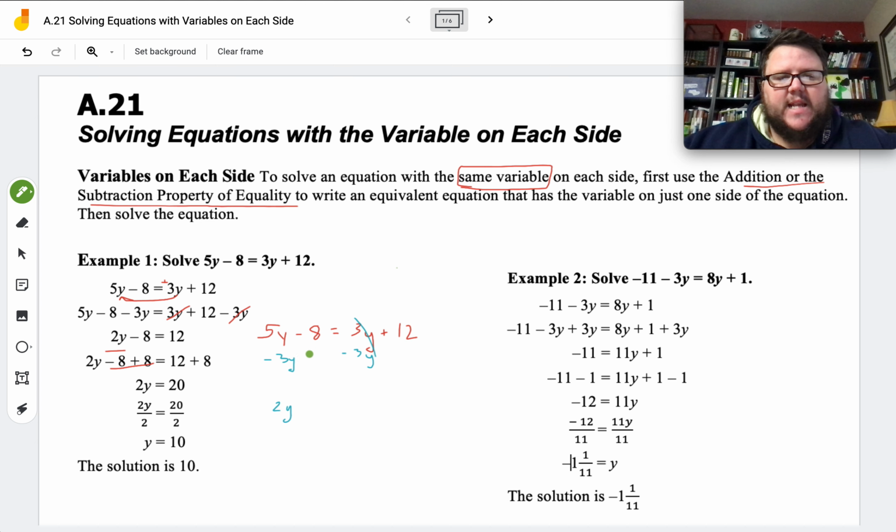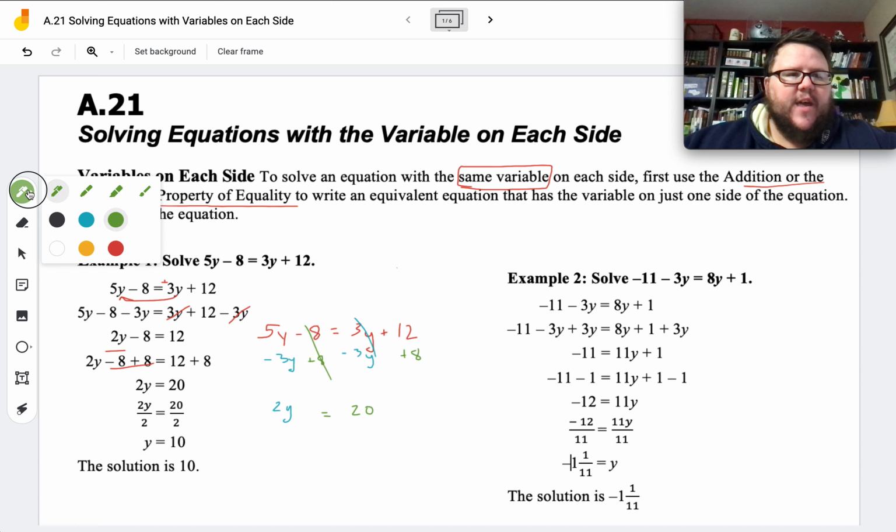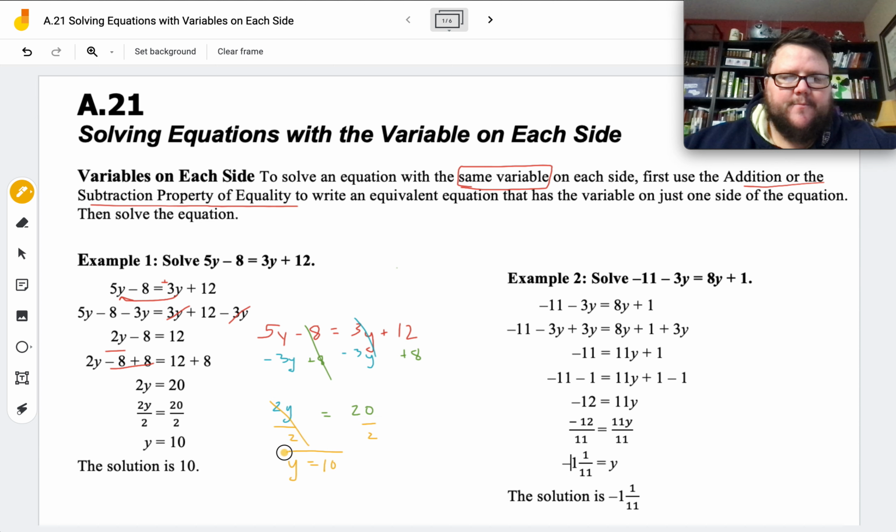So instead of bringing down the minus 8, I can add 8 to both sides and do this all in one step. If you want to do that, that's fine. So I would get 2y equals 20. And then my last step would be to divide by 2, and I get y equals 10.